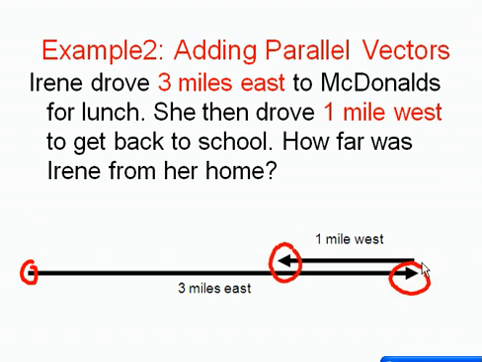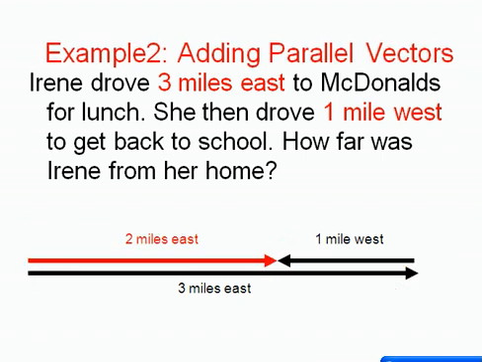And so those two vectors, the tail of this one is at the tip of the first one right here, and we've added them together. The result here would be a vector that starts where Irene started in the first place, and then ends where she ended up after doing the two different sections of her trip.